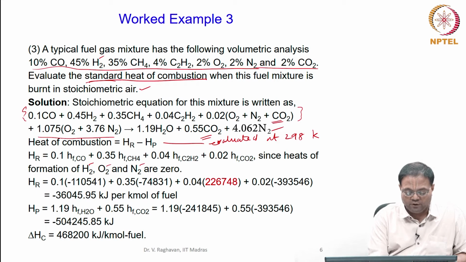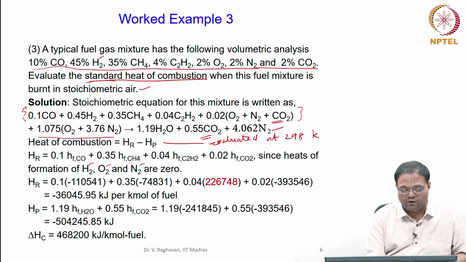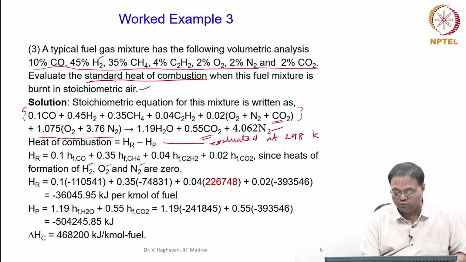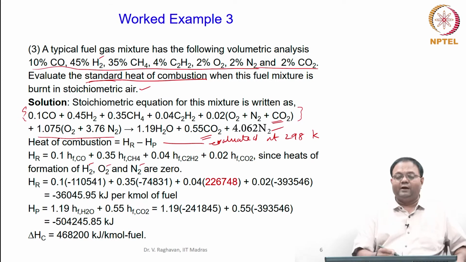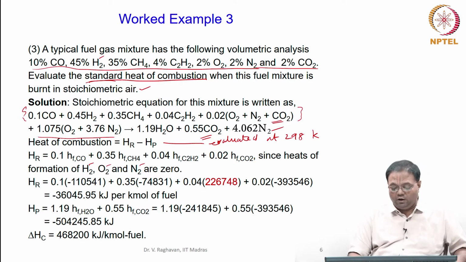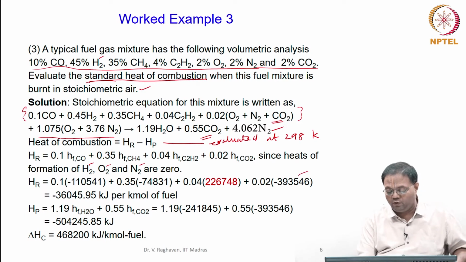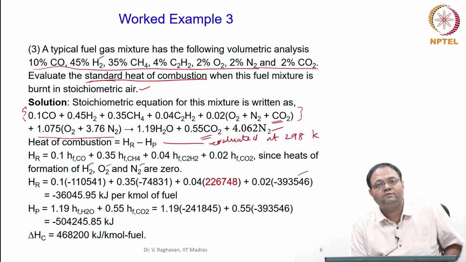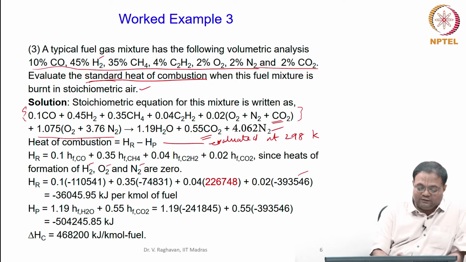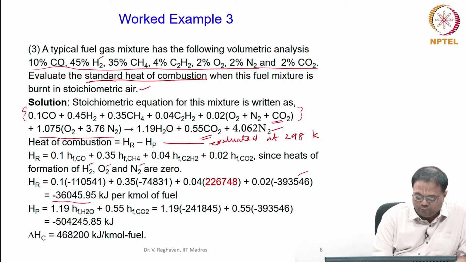So 0.1 times HF of CO is minus 110541, HF of CH4 is minus 74831 and HF of C2H2 is 226748. So again, you can get it from the tables and substitute it. Similarly, you have already seen that for carbon dioxide it is minus 393546. So once you get this, then you can get the HR value.